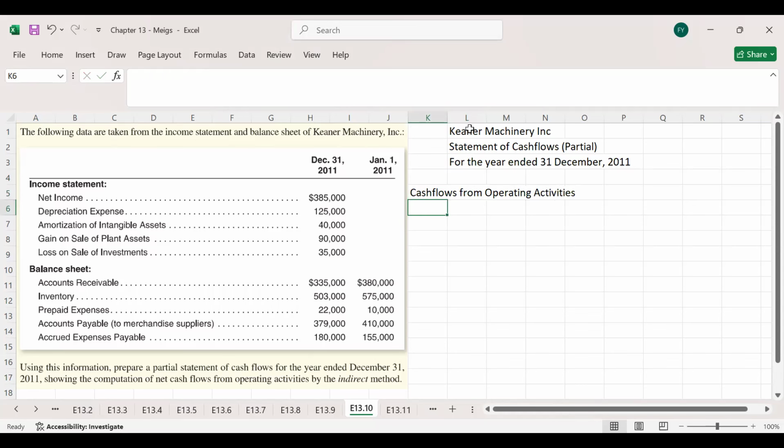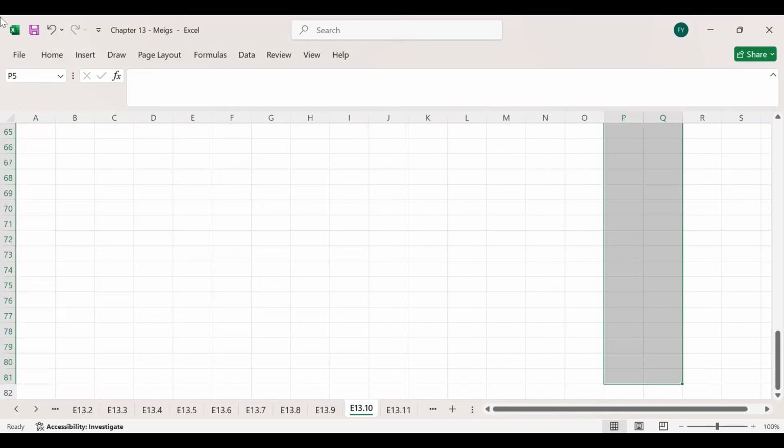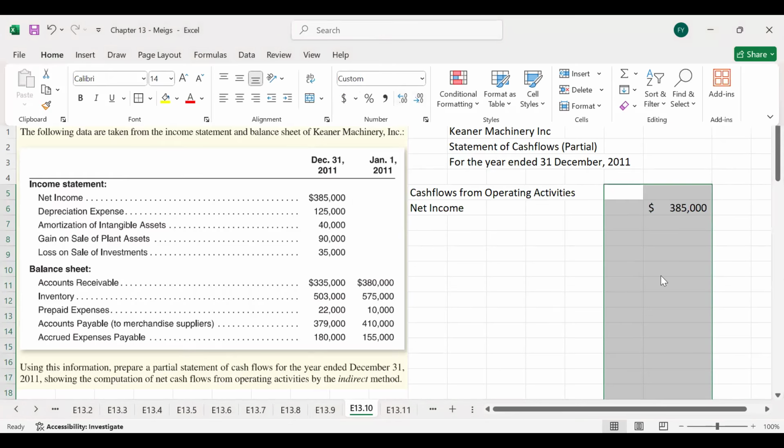The format we have discussed: we start from net profit. So net income, you can see, is $385,000. So we have $385,000, and all these amounts will be in dollars. So we use the dollar sign here.